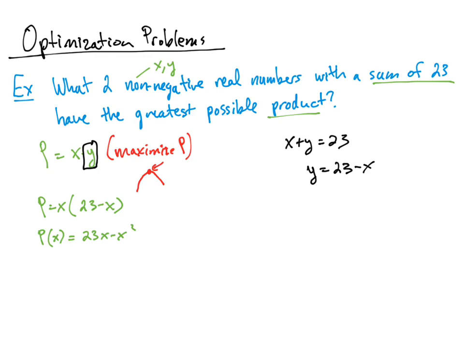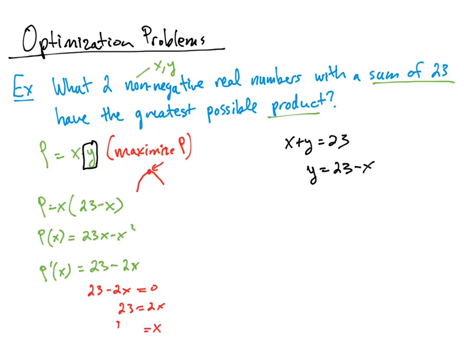assuming that it does have a local max, we don't actually know that yet. But in order to find that out, we need to find the critical points, and we do that by taking the first derivative. So this is going to be 23 minus 2x here. All right, so to find the critical points, we set that first derivative equal to 0 and solve for x.